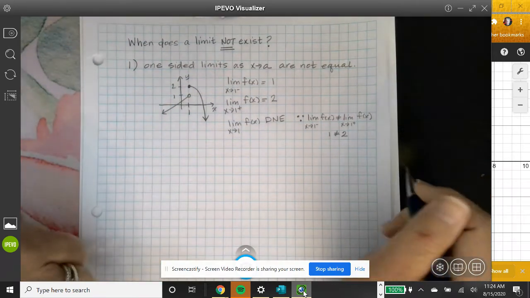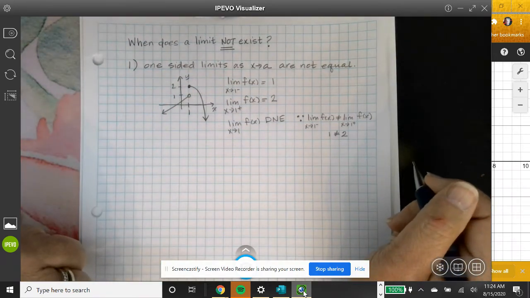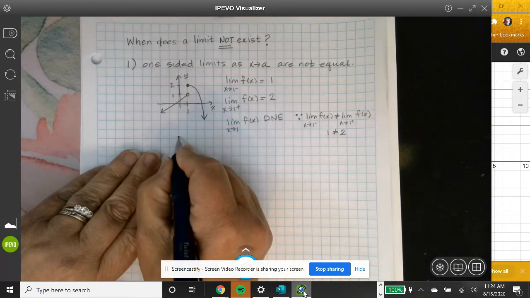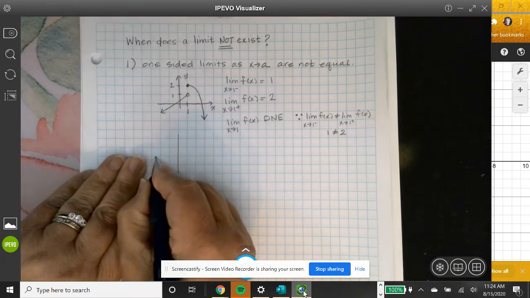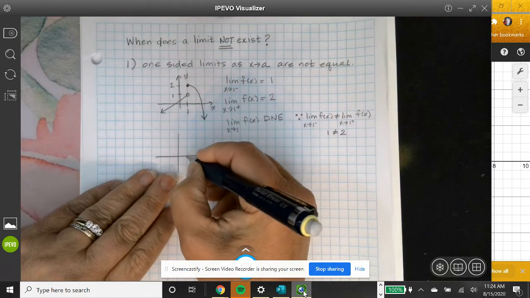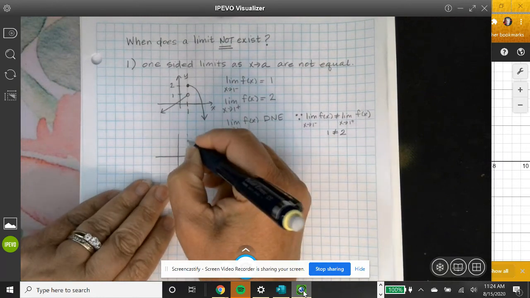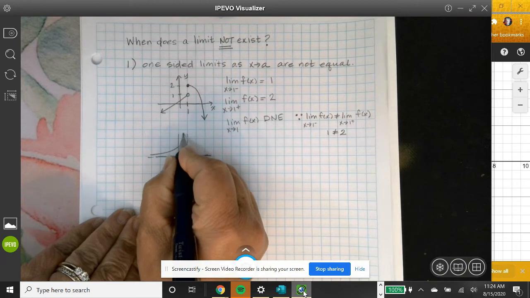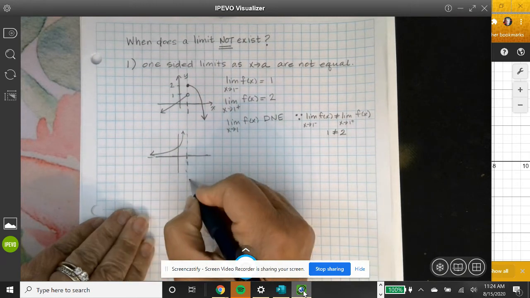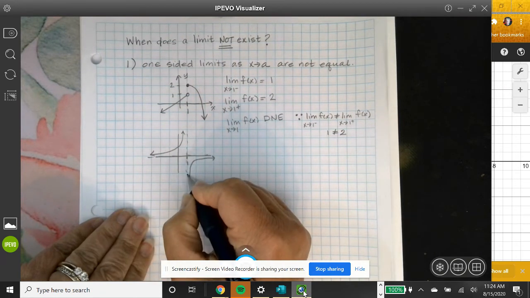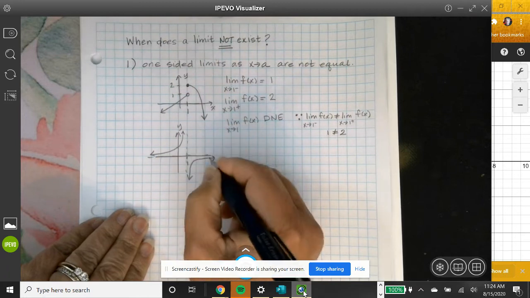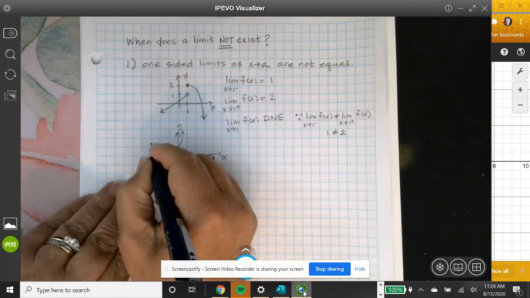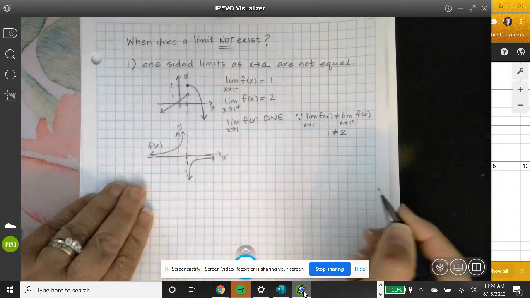Now, there's another time when the limits are not equal, and that's if you have a vertical asymptote. So let's draw that really quickly. And I'm going to be boring and do it at 1 again, and do a rational function here, a function that looks very rational in nature. And math is rational. We like that, don't we? All right.